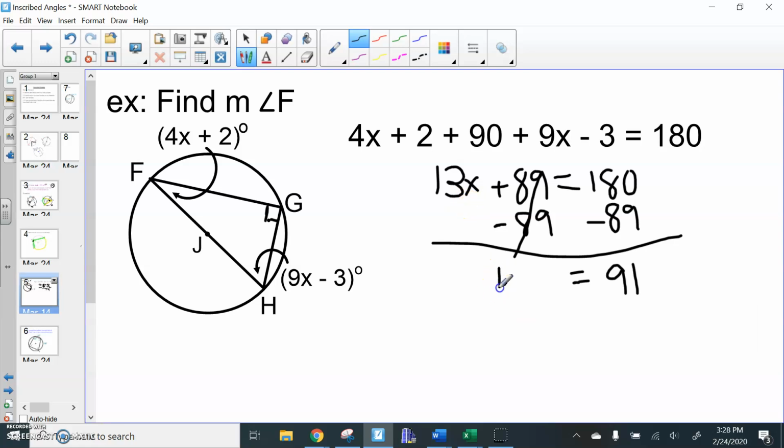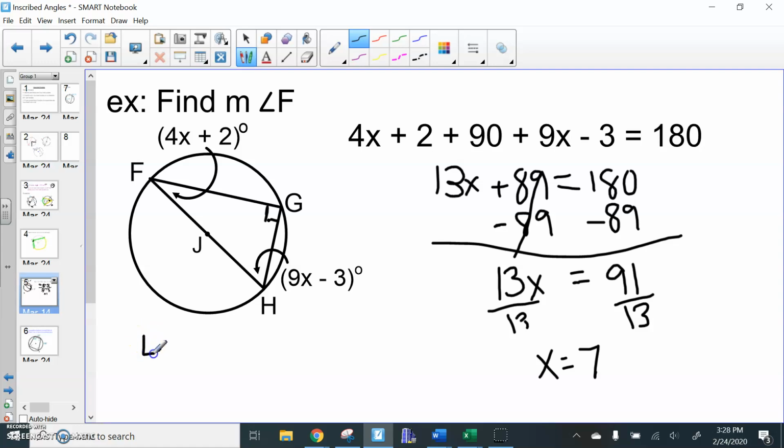Okay, so I'm going to bring down this 13x equals 91. Divide both sides by 13. X equals 7. 91 divided by 13 is 7. Okay, so I know what x is, but it says to find the measure of angle F, so that means I got to take 7 and plug it in here.